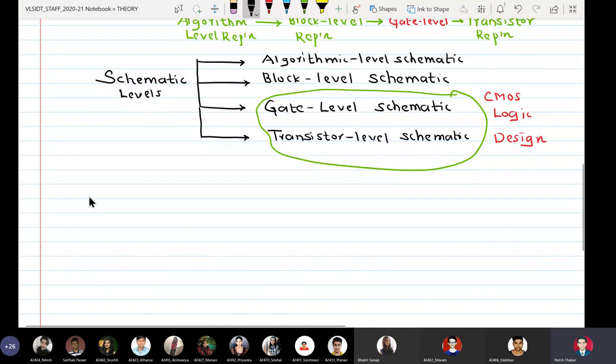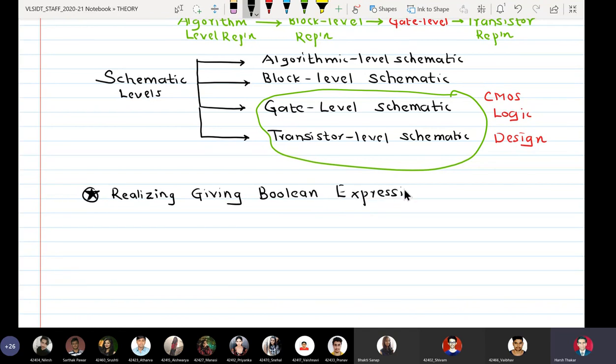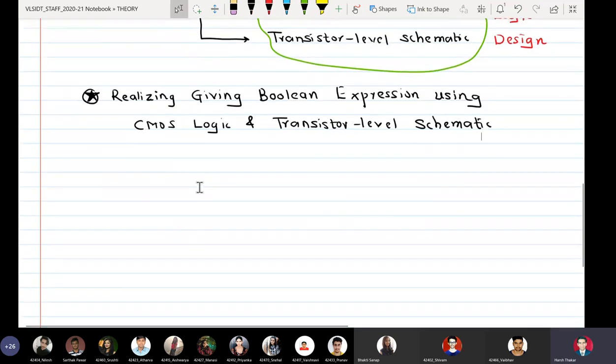And today we are going to discuss realizing a given Boolean expression using CMOS logic and a transistor level schematic. Fine.